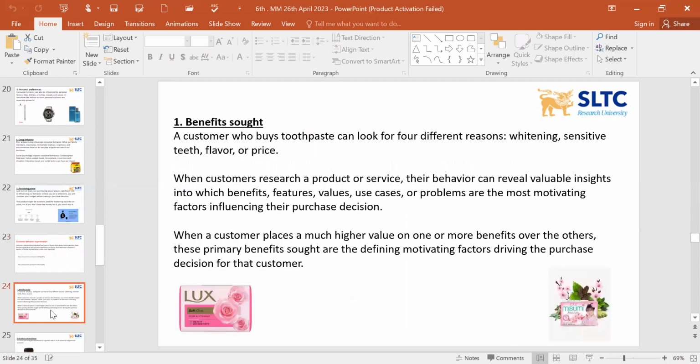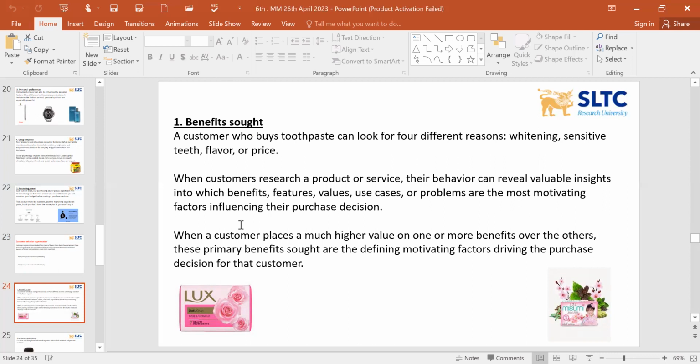Now, when I do the case study with you guys, you'll understand how consumer segmentation takes effect. So the first way that we can segment is the benefit sought. A customer segment can be crafted by using the benefit sought. What benefits is that consumer looking for? A customer who buys toothpaste can look for 4 different reasons. It can be whitening, sensitive teeth, flavor, or price.